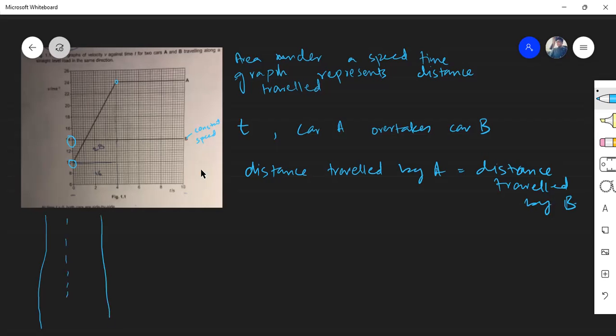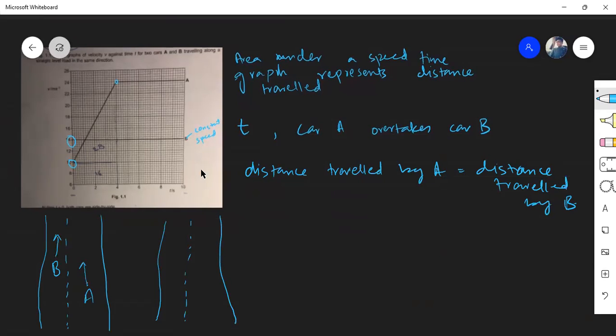This is one lane, and I'll just write B, and this is A. Since the speed of A is increasing, there has to be a time where B is moving at a constant speed of 40 meters per second, and A is accelerating. Since it's going in the same direction, we can say that it's going towards B. Is that correct?